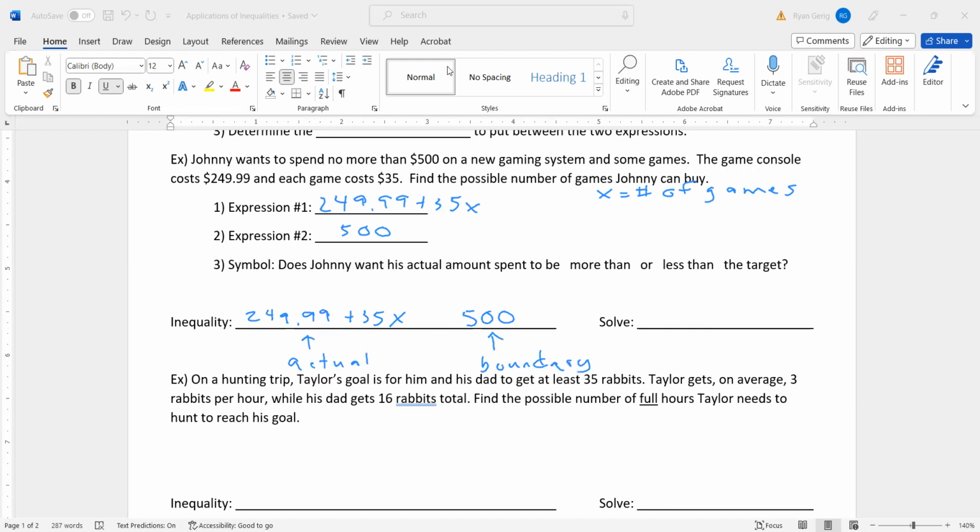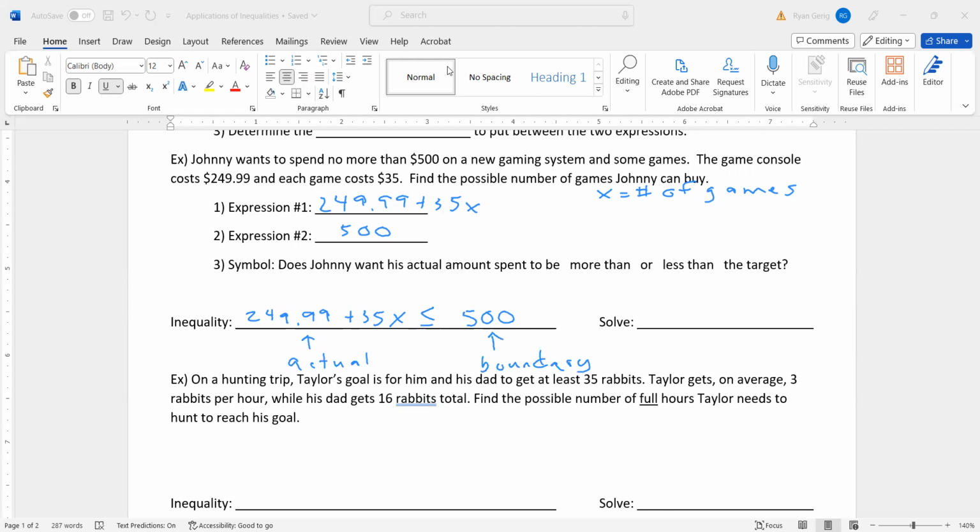So does Johnny want to go above and be greater than 500? No, he wants to be less than 500 or equal to. He's willing to go with 500 exactly. Because he's willing to go exactly, that's where the equal to comes in. There's the setup. You're done with the hard part, except at the very end.